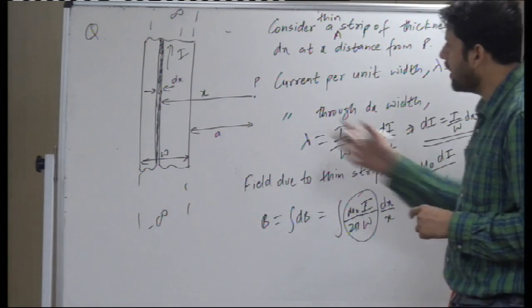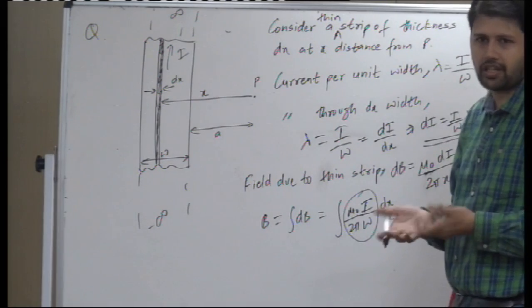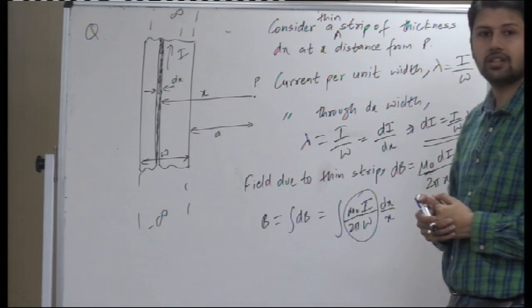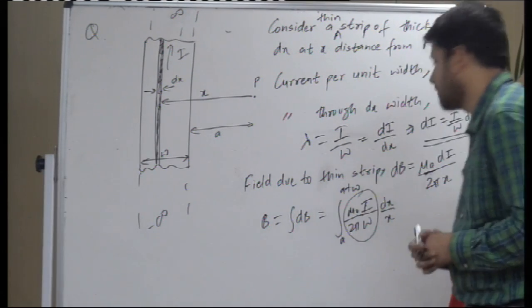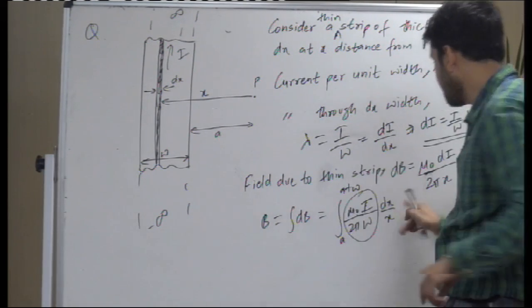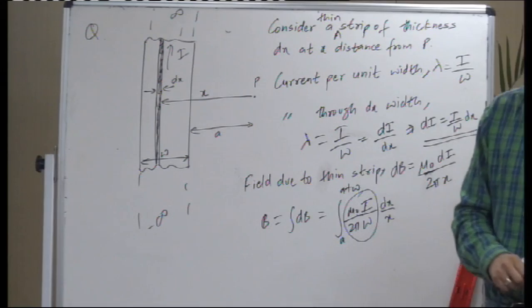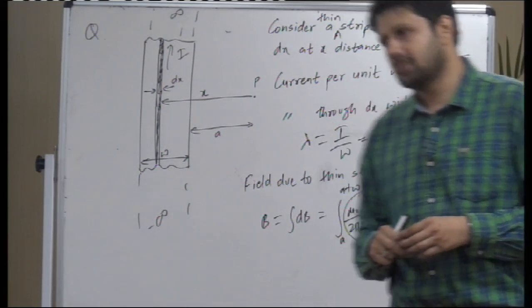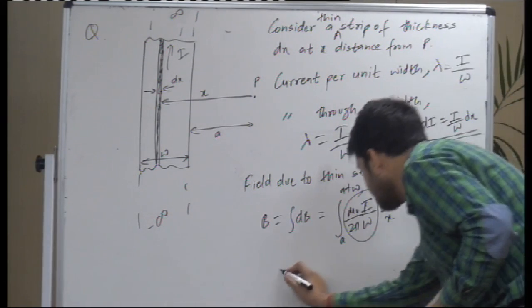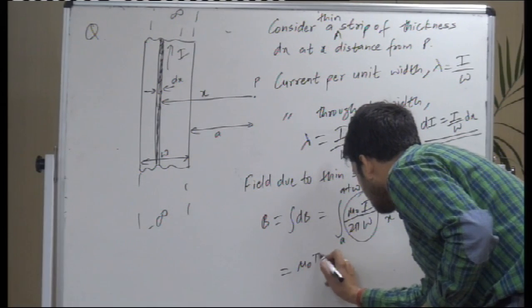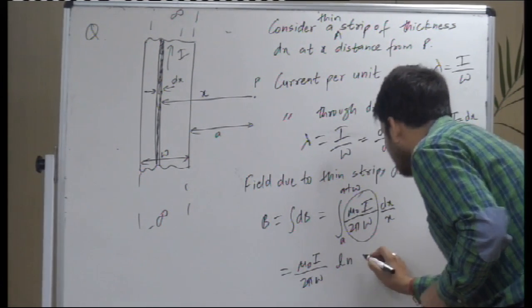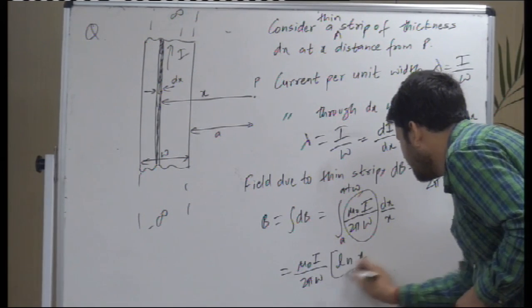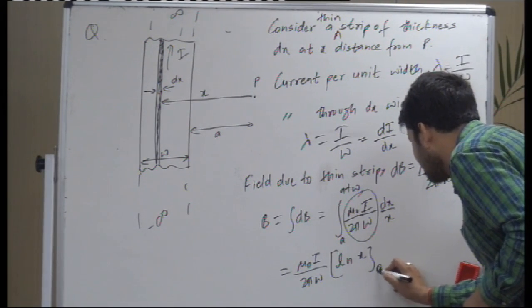The minimum value of x is how much? A, and the maximum value is a plus w. So a to a plus w. Take this thing out. This integral dx by x becomes log to the base e, which we call ln x. Is it ln x or is it ln x?